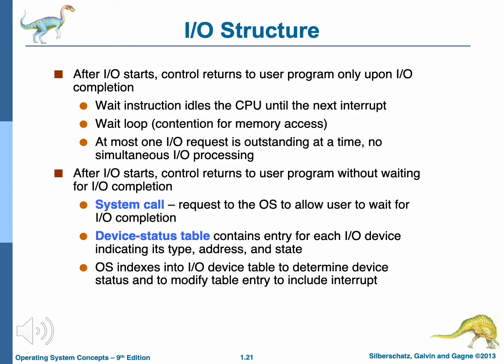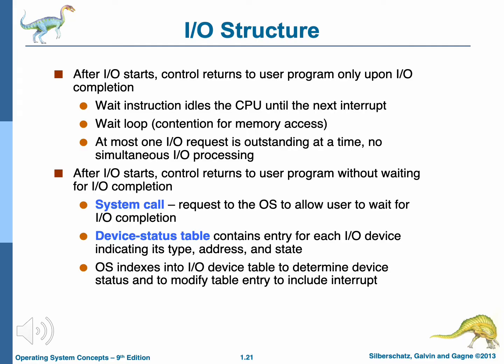A general-purpose computer system consists of CPUs and multiple device controllers that are connected through a common bus. Each device controller is in charge of a specific type of device. Depending on the controller, more than one device may be attached.